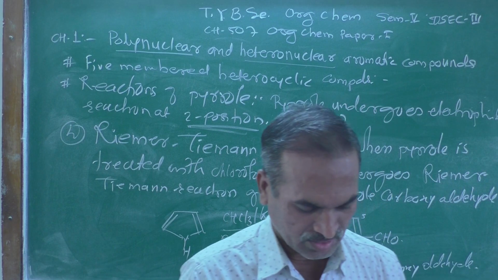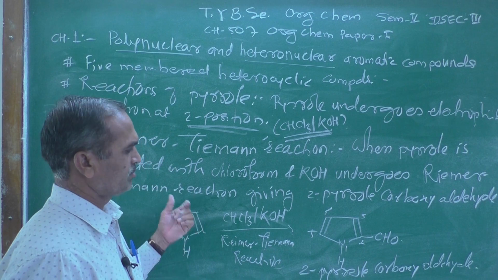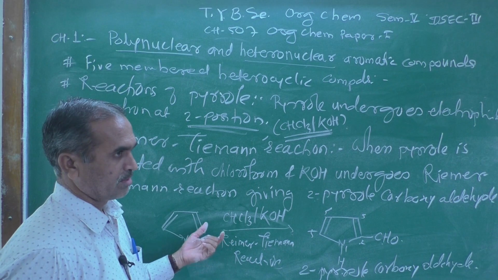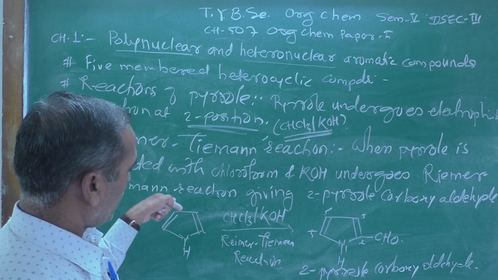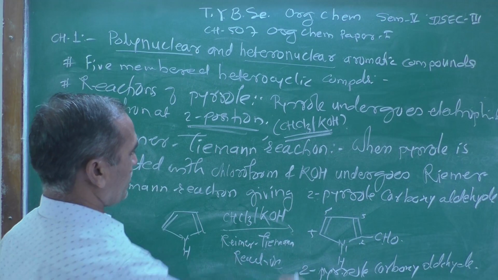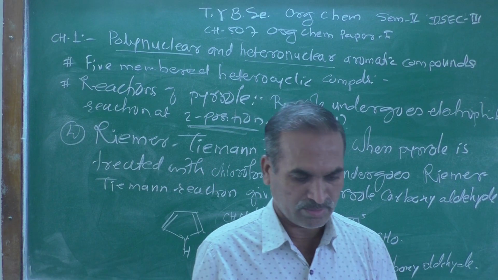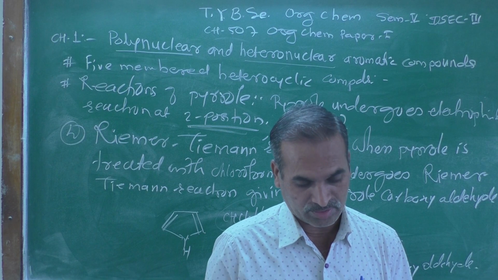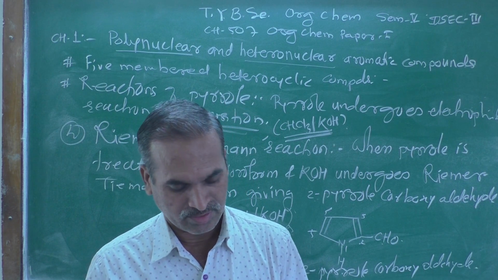That is the simplest reaction. The mechanism is that a carbon chloride species is formed, and then it attacks at these positions. Just remember this will introduce a CHO, because the mechanism is not at T.Y.B.Sc level, but whenever it is possible we will see that later on.